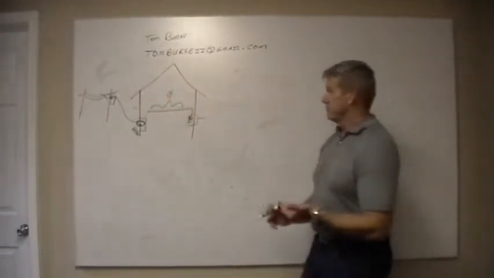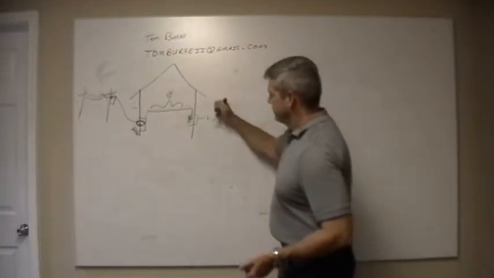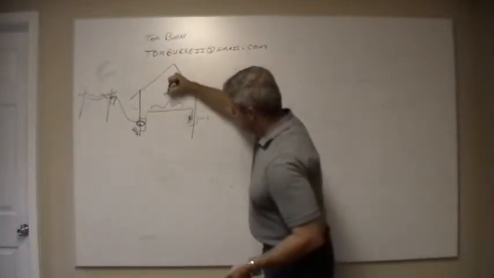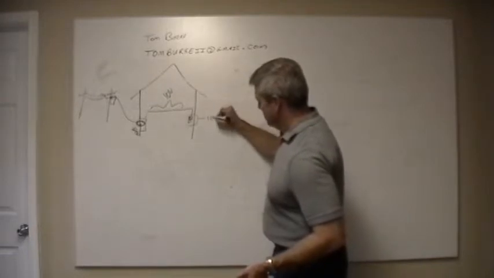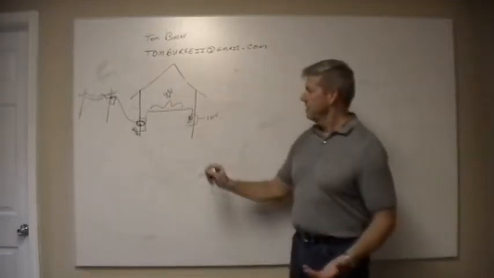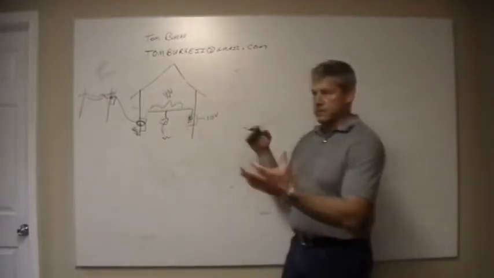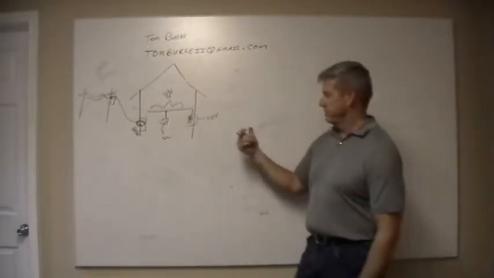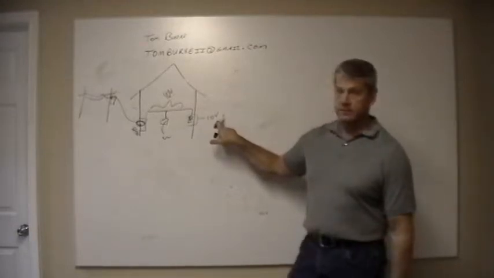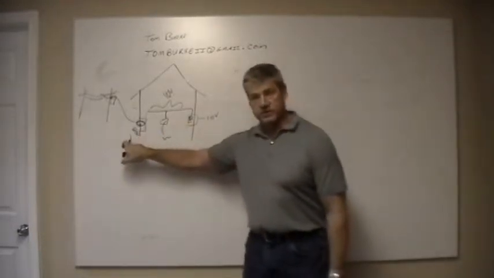So at 15 amps and 14 gauge wire, this voltage will not drop below 110 volts. The more things I have out here using power, the lower it gets. It won't go below 110, but it might not be the full 120.